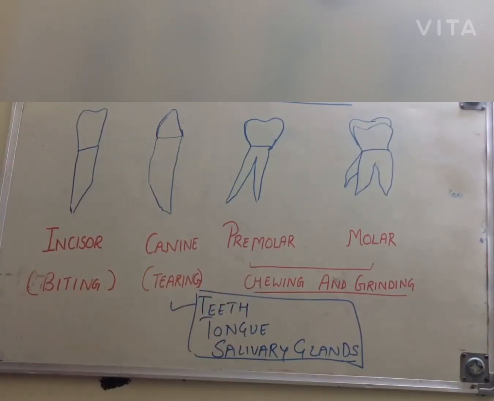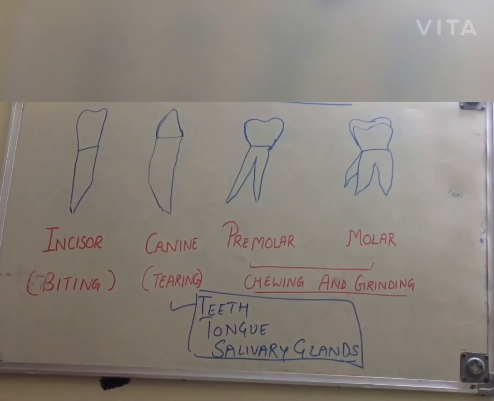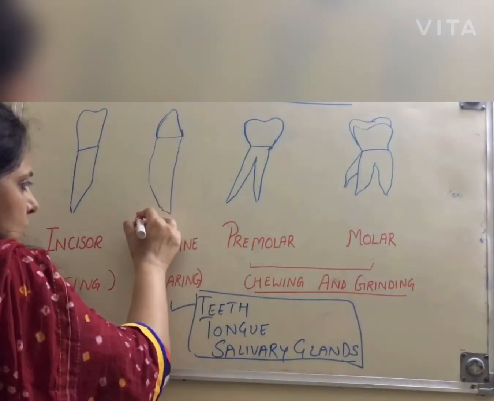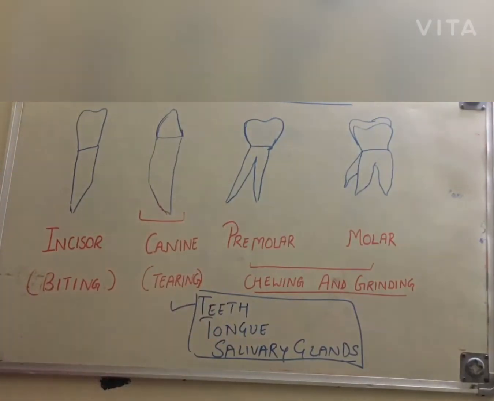Depending upon the nature of the organism, whether it's herbivorous or carnivorous, these teeth are further modified. For example, canines are well developed in carnivores or flesh eating animals, because they have sharp edges and help in tearing of food. Premolars and molars help in chewing and grinding of food.